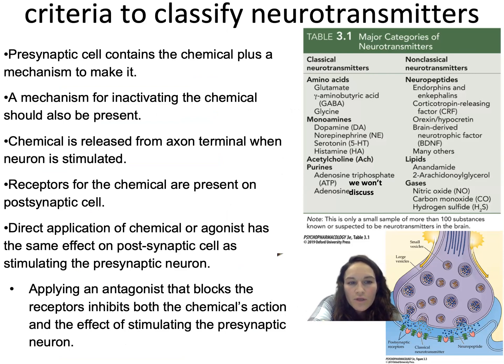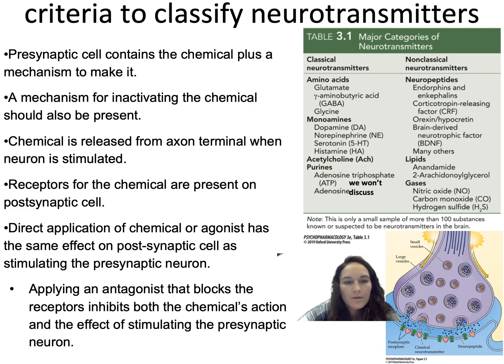An individual neuron can make from one to several different types of neurotransmitters, and a lot of that depends on what types of proteins the neuron is going to express. The vesicles are going to carry these neurotransmitters and can hold any combinations of them, so they can hold more than one type of neurotransmitter within the same vesicle.